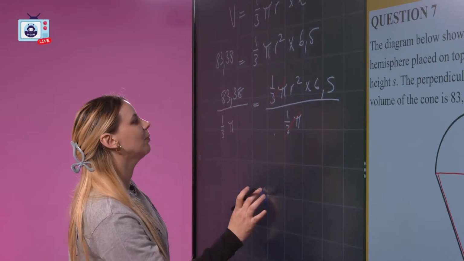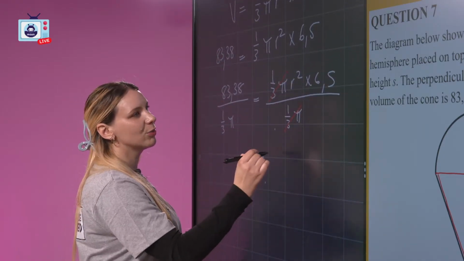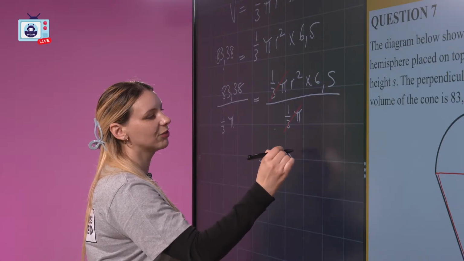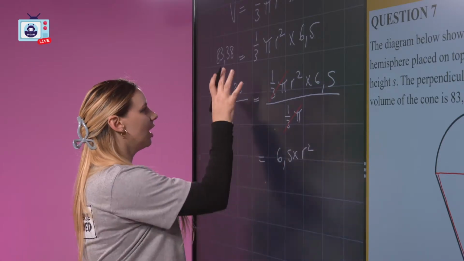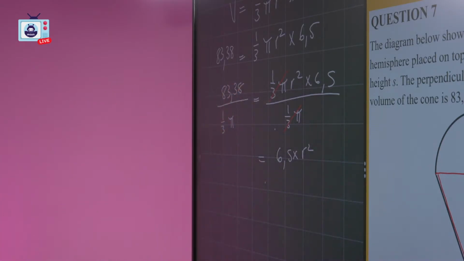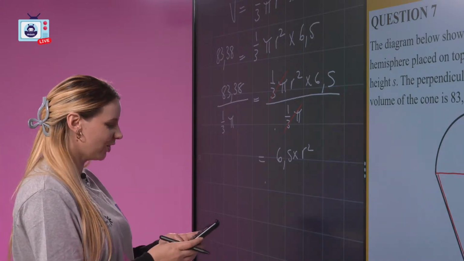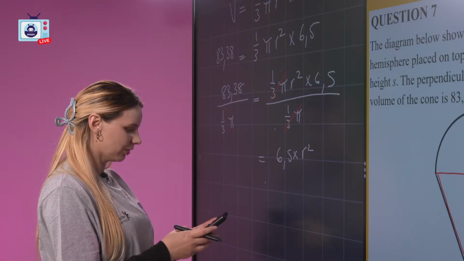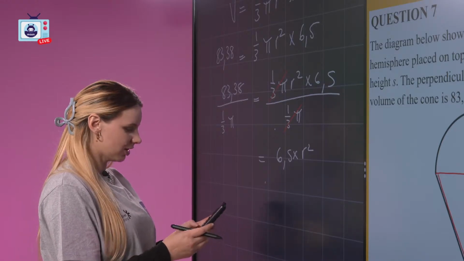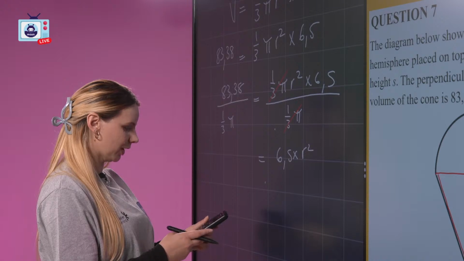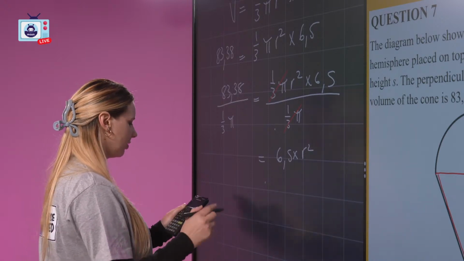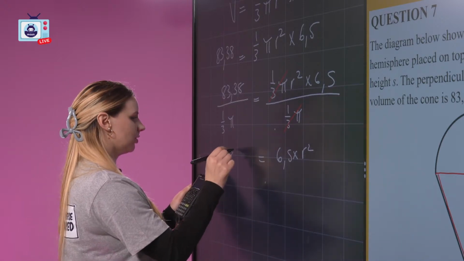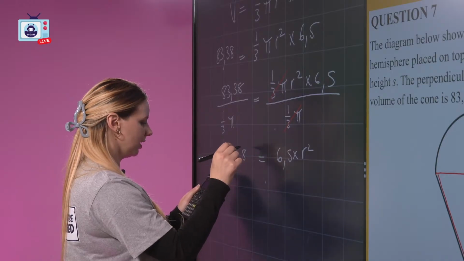So on this side we have 6,5 times r squared, and on this side I need to use my calculator. 83.38 divided by 1/3 times pi, shift pi. Let's go. We get 785,84.